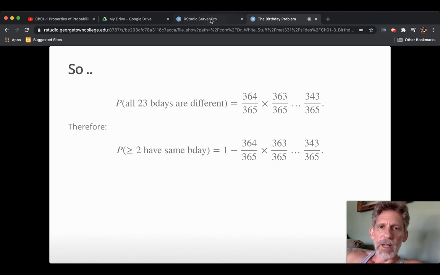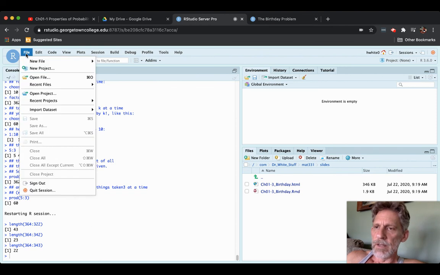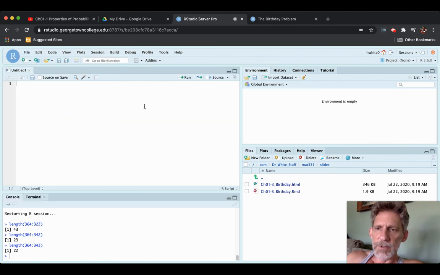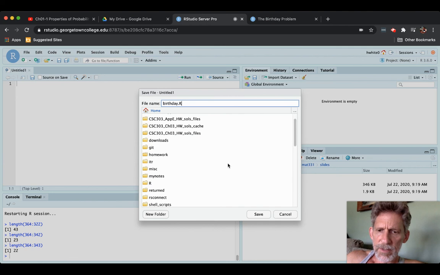So heading away from the slides, I'll just close out this window. I'll keep it open just in case you want to look at it. Head back to RStudio, and let's open up a little script here. File, new file, R Script, and I'll do File, Save As, and I'll call it birthday.R, and I'll save it into my notes.